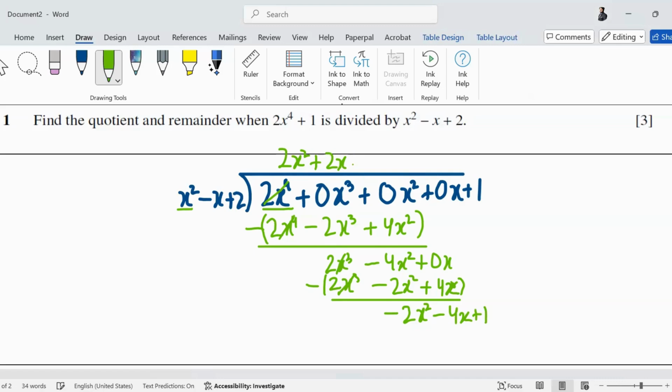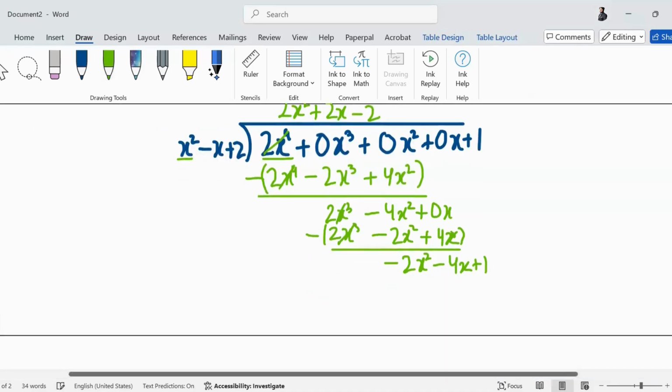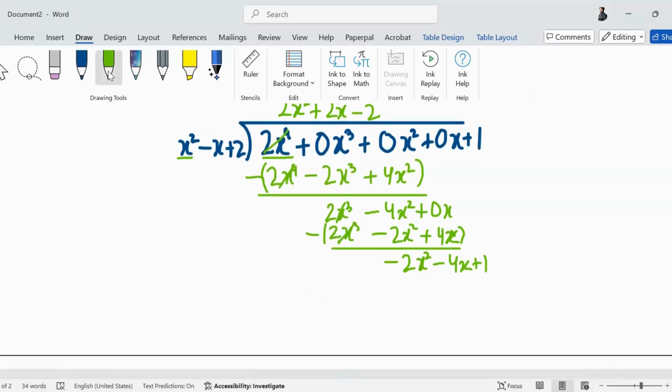Then I'll multiply it with minus 2. This will become minus 2x squared plus 2x and minus 4. I'll subtract this.